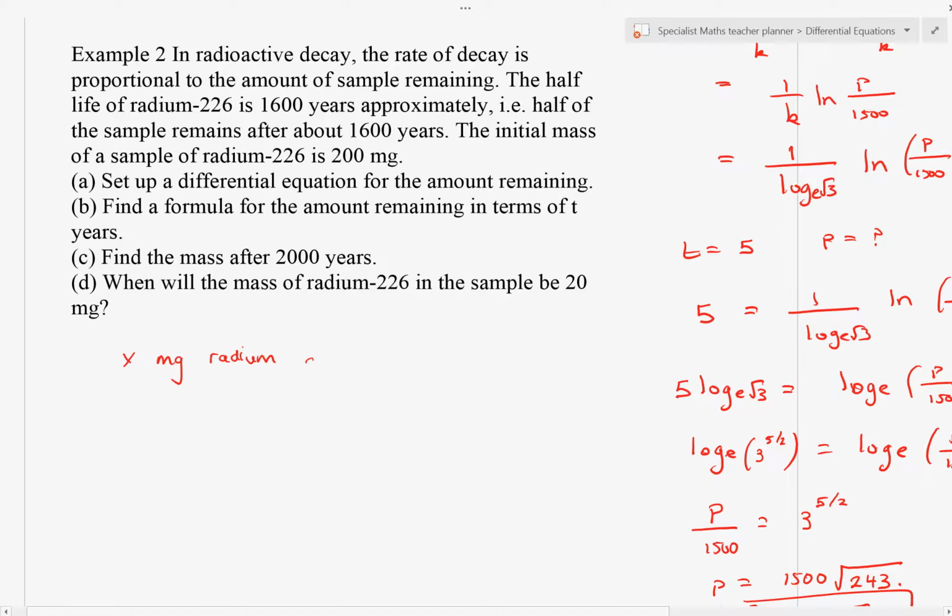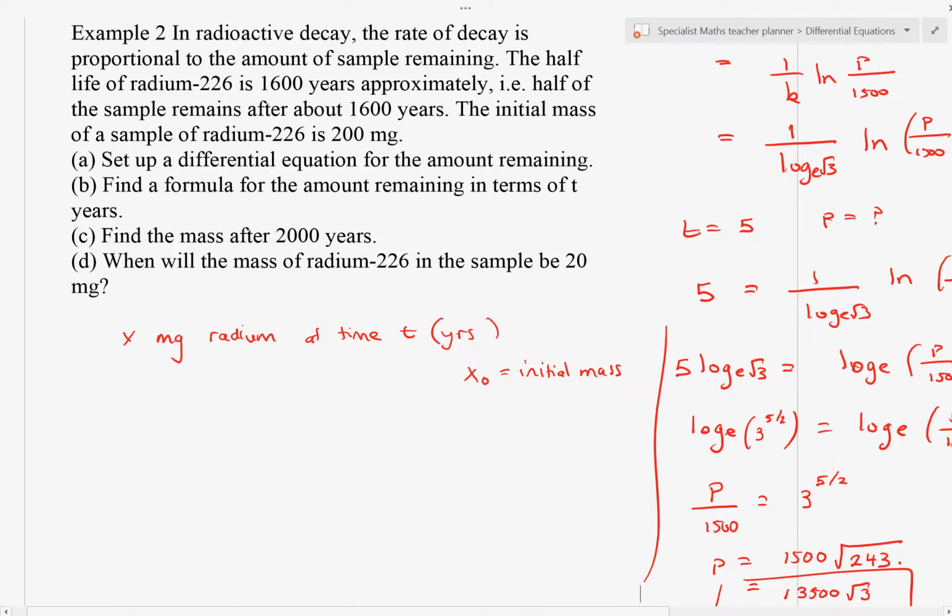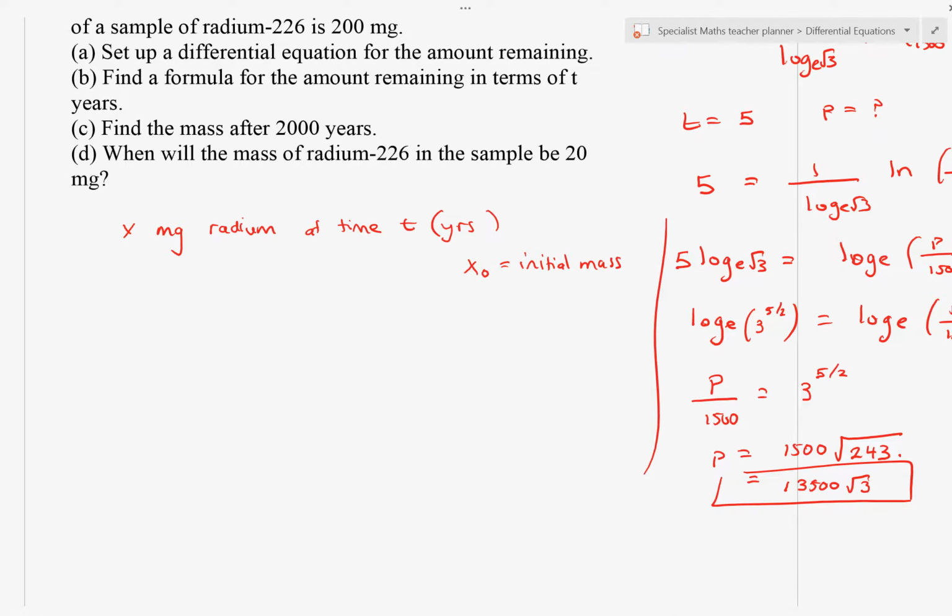At time T, in what units? Years. Okay, good. Now, I'm going to call X0 the initial mass. Okay, now, first of all, we've got a differential equation. What are we trying to find?